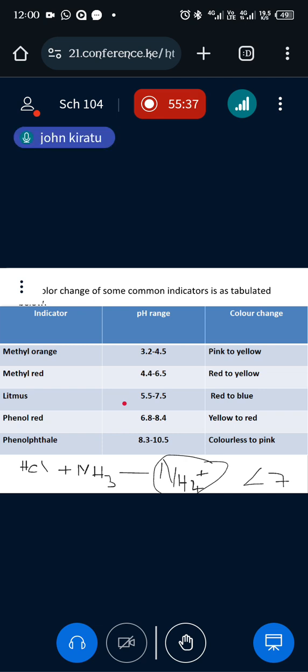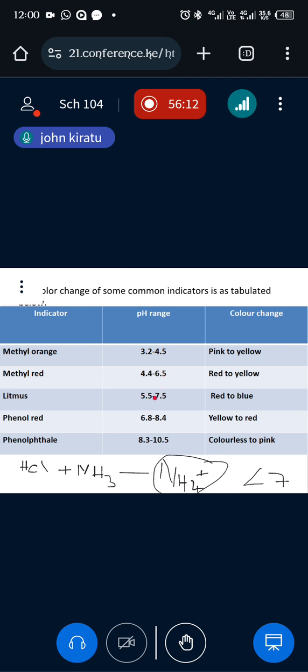So how do you choose the indicator? This one cannot be used. Why? The 7 is not within this range. This one can only be used when the solution is acidic, when you do a weak base and strong acid. For methyl red, 7 is not captured, so we cannot use methyl red, because the equivalence point is beyond 6.5.